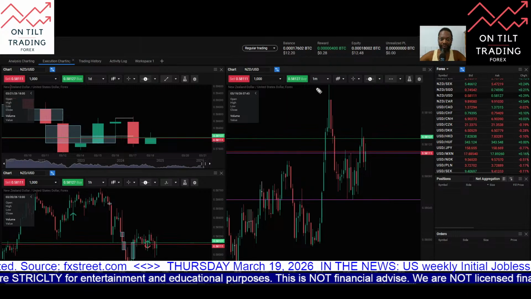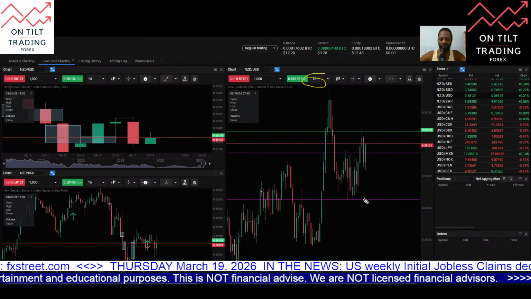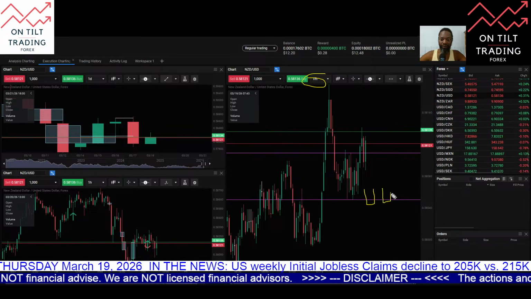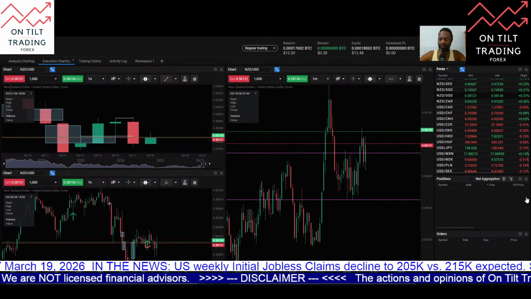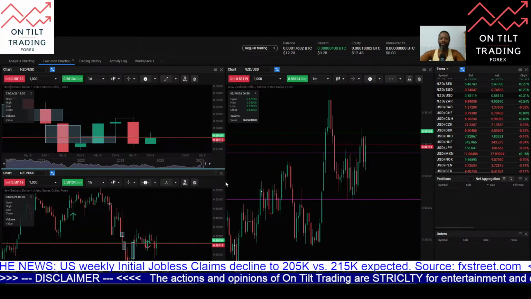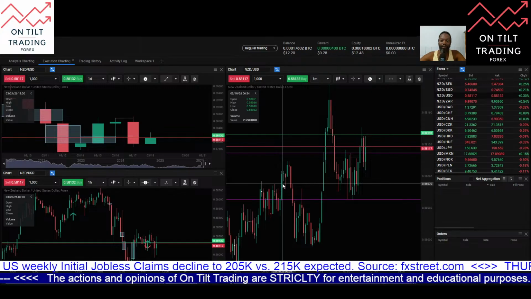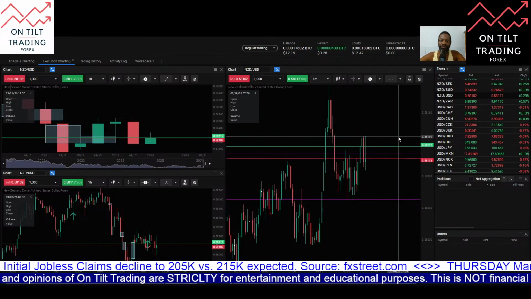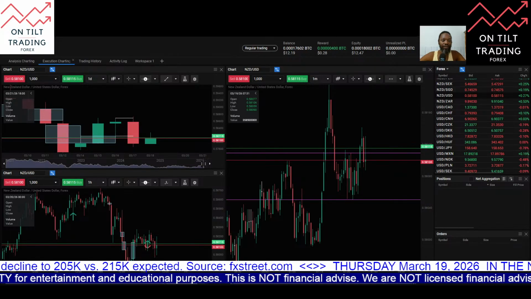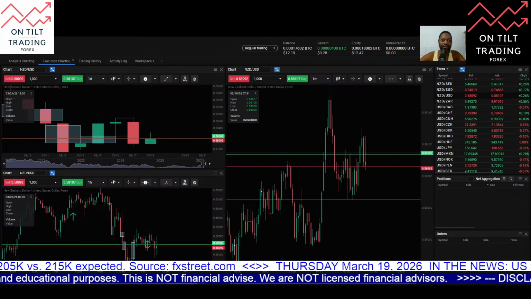So what we want to see on the 1-minute chart is for price to give some body candle closes below this level in order for me to be able to take an entry. I'll keep an eye on price action and see if it provides any opportunities during today's New York AM session.